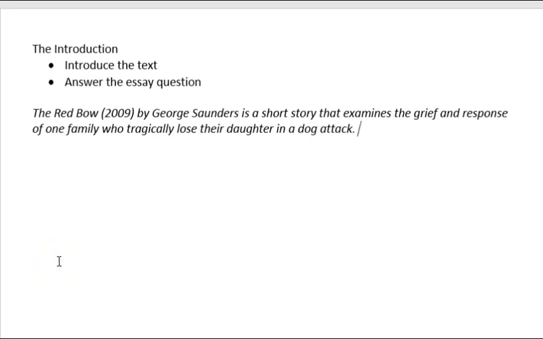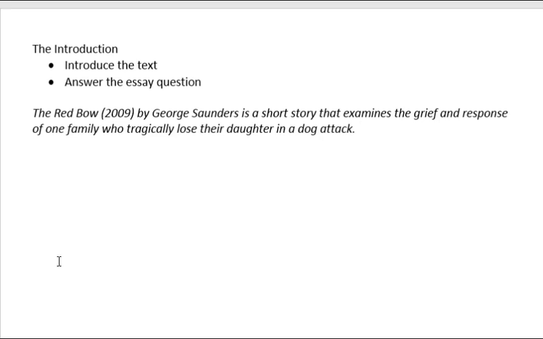So I've gone ahead there and I've introduced the text right off the bat. It's nothing too flashy. I don't want to get into a plot summary. I don't want to basically retell the reader what the story is about. I just want to give them a little bit of context first.